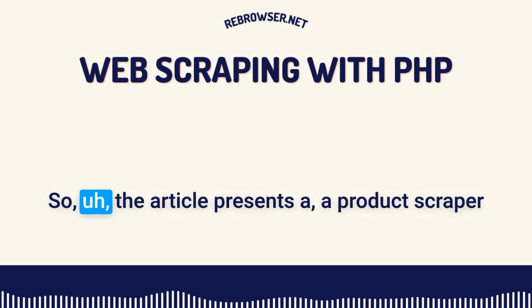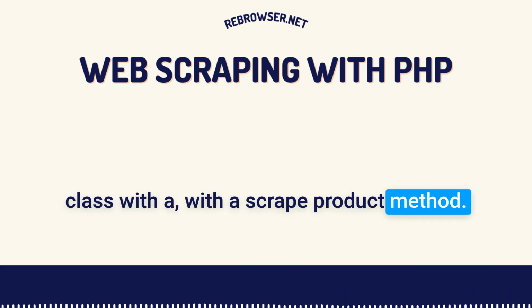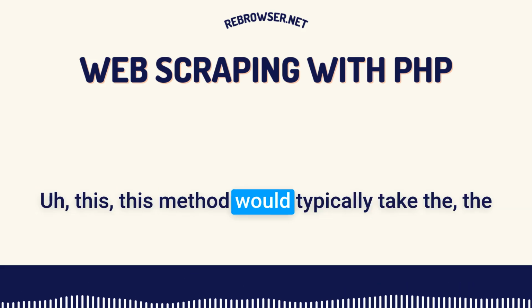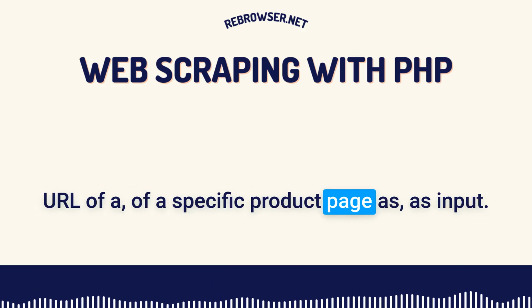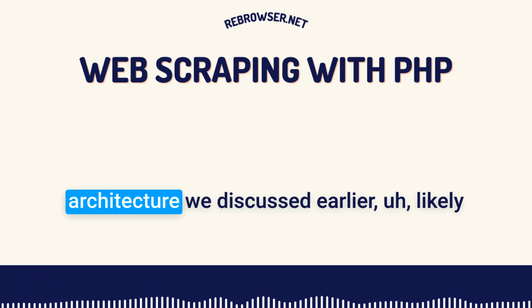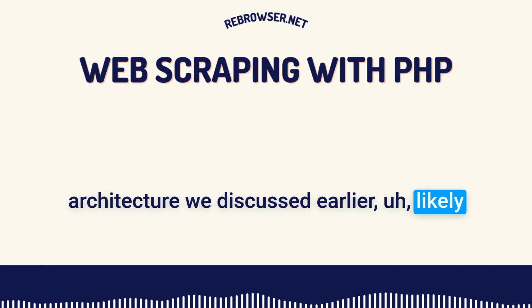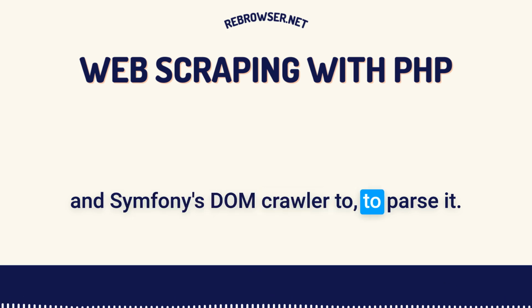Sure. The article presents a product scraper class with a scrape product method. This method would typically take the URL of a specific product page as input. It would then use the modern scraping architecture we discussed earlier, likely using Guzzle to fetch the HTML content and Symfony's DOM crawler to parse it.